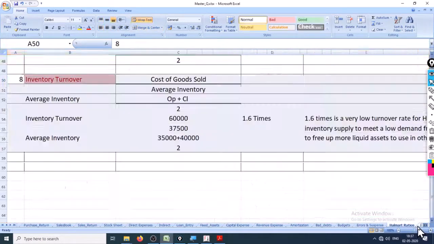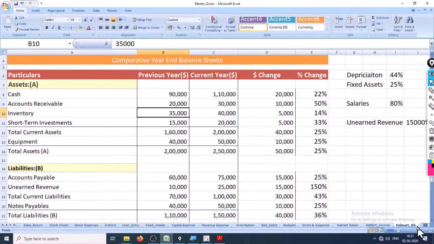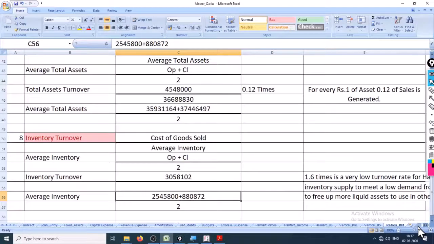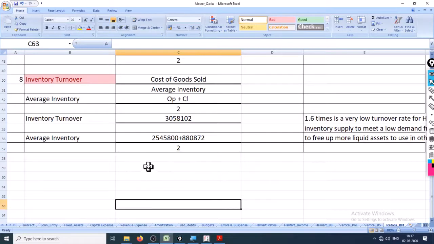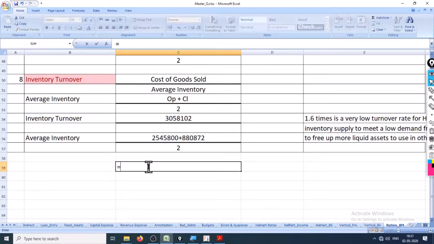Where is my sheet? Right here. 880872. Let's add them first: 2545800 plus 880872, divide by 2.